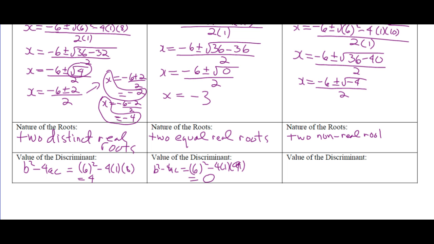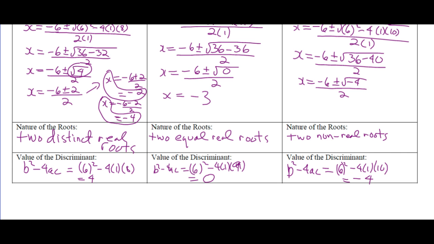What's the value of the discriminant? Again, remember the discriminant is b squared minus 4ac. It's the expression under the radical sign, which in this case is 6 squared minus 4 times 1 times 10, which is negative 4.